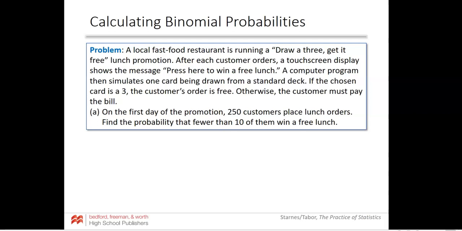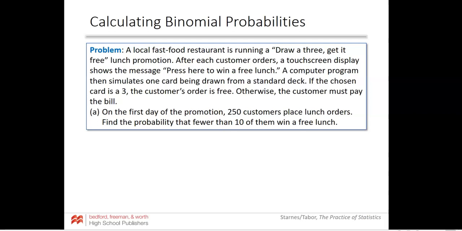If the chosen card is a 3, which is a 4 out of 52 chance, 1 out of 13 chance, the customer gets a free meal. Otherwise, the customer must pay the bill. Oh man, this would be amazing. I'm going to eat here. On the first day of the promotion, 250 customers place lunch orders. Find the probability that fewer than 10 win a free lunch.